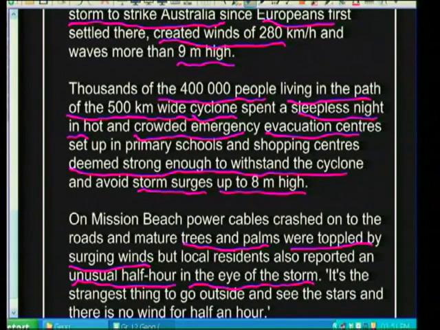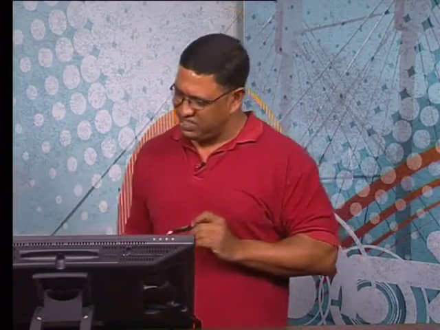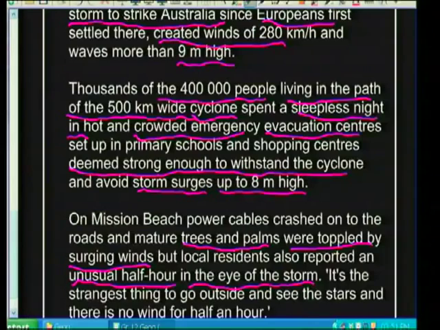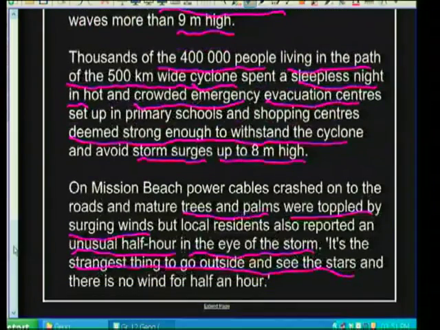All right, you know the storm is calm, okay? And not much activity, the eye is calm. The storm is definitely not calm. The eye is calm. You've learned that already. So that's why it's unusual having a calm period between those two stormy vortices. It is the strangest thing to go outside and see the stars, and there is no wind for half an hour.